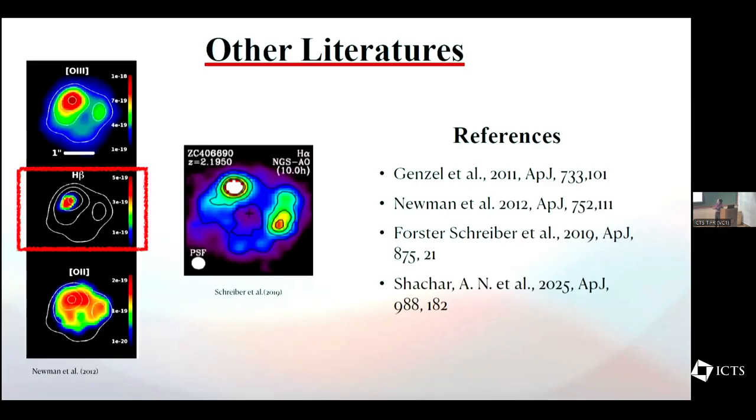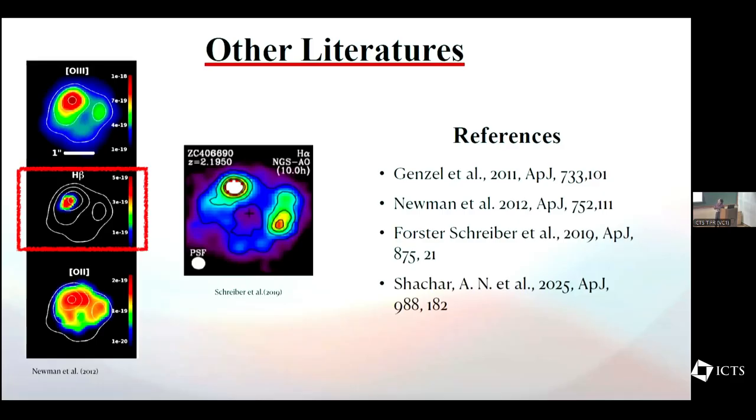This is a spectral analysis which I have also done, but I would like to draw your attention to this particular H beta emission map, where we can see that H beta is detected in only one clump. And this H beta is very important. Why is H beta important?